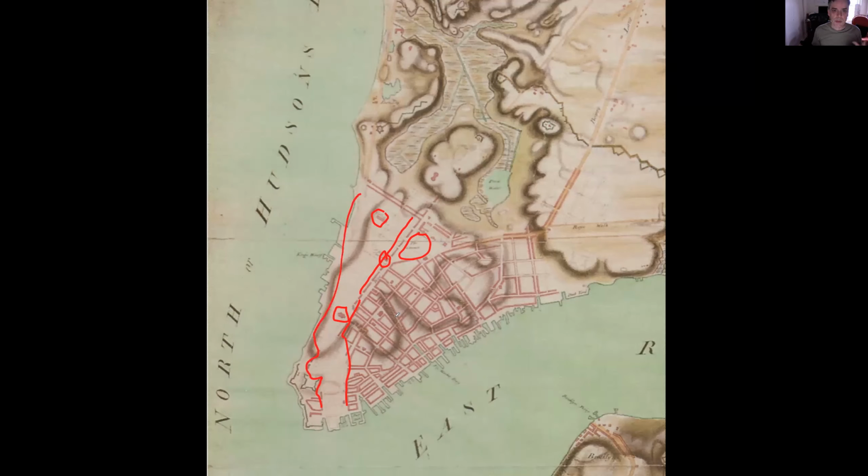So with so much of the city destroyed, the British occupied the city for the rest of the war. They took over in 1776. The war doesn't end until 1783. So that whole seven years, New York was occupied by British troops, Army and Navy. And they had to make do.